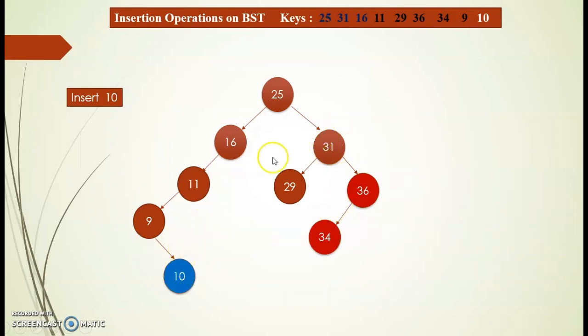So let's look at this part of the subtree. If I assume 31 is the root node of this right subtree, all values left of this are lesser than this, 29 is lesser, and all values greater than 31 fall to the right of 31, that is 36 and 34. So that's how you construct a binary search tree.